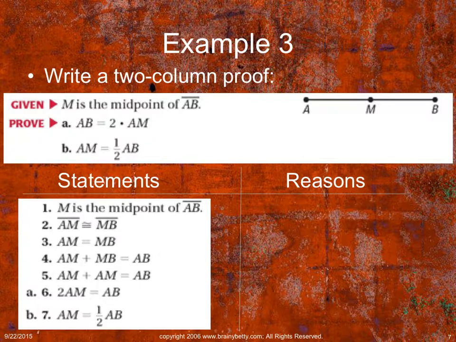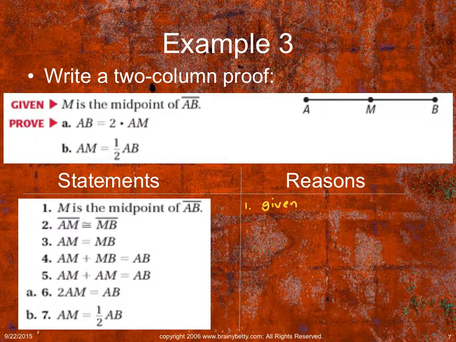That these two parts are equal to each other, yes? Then does it make sense that this whole thing would be 2 times one of those parts? Yes. Does it make sense that one part would equal 1/2 of the whole thing? Yes, right? So now we've got to justify all those statements and reasons. So the first one says M is the midpoint of AB. What is that? Given. Usually the first one is given, but not always, okay?